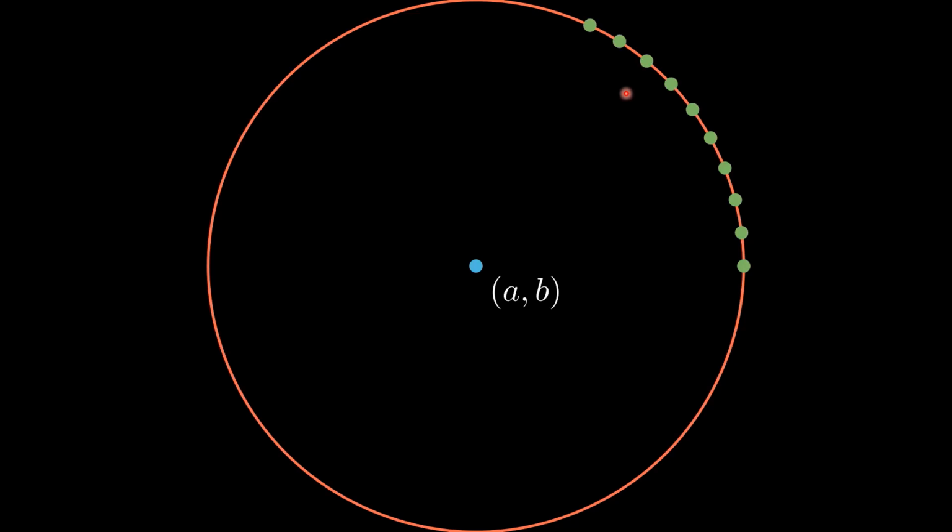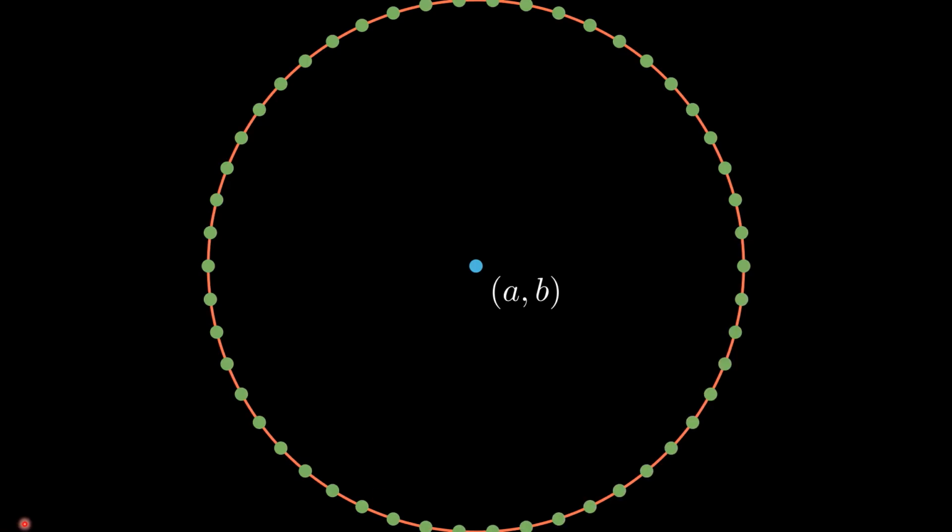If we create points that are equidistantly spaced from one another on the circumference of this bigger circle, then we pick the first point here, and draw a line from the first point to the second point, the second point to the fourth point, the third point to the sixth point, and the fourth point to the eighth point, all the way until we reach half of the number of all the points that we have.